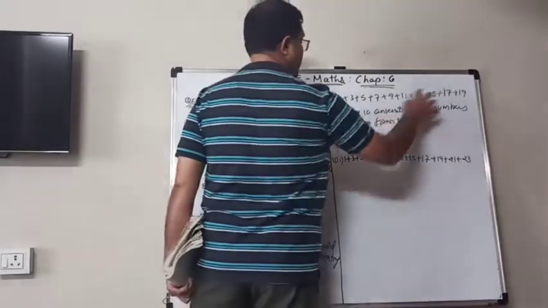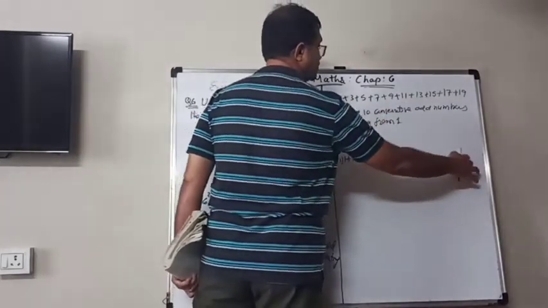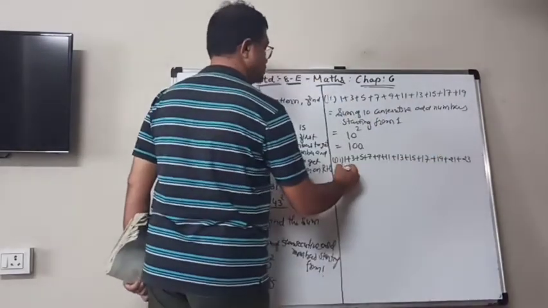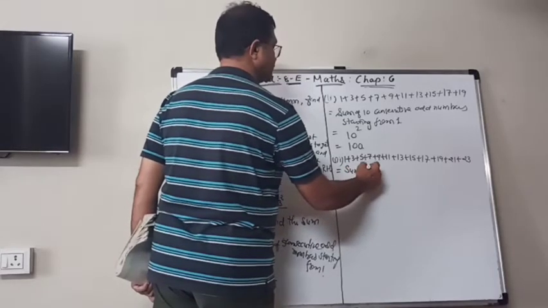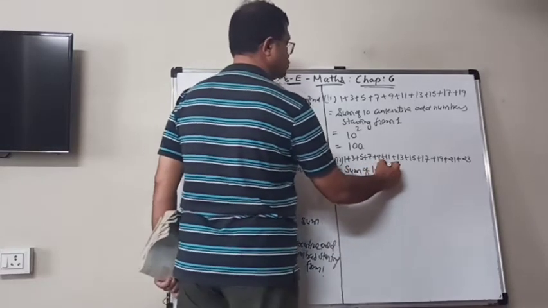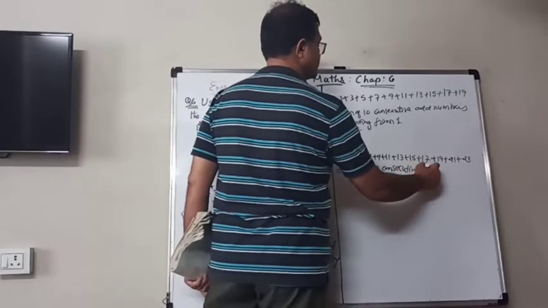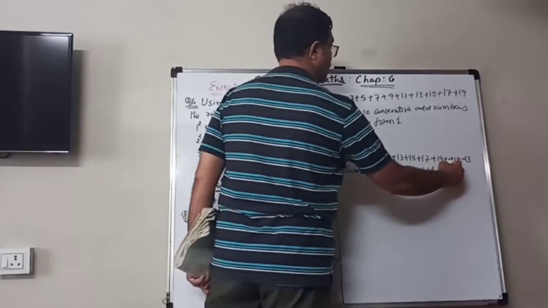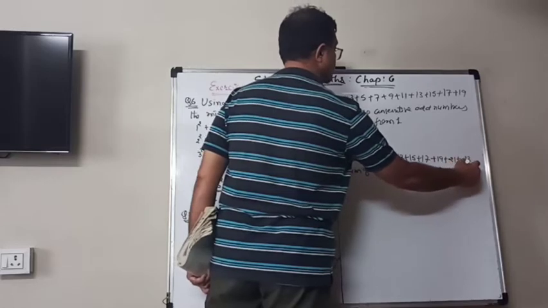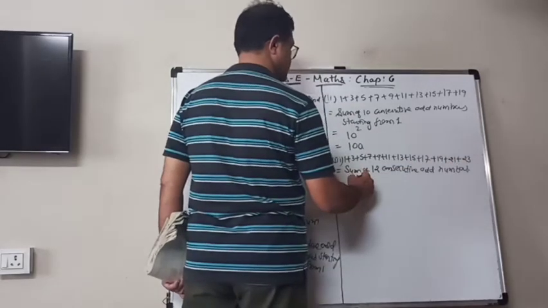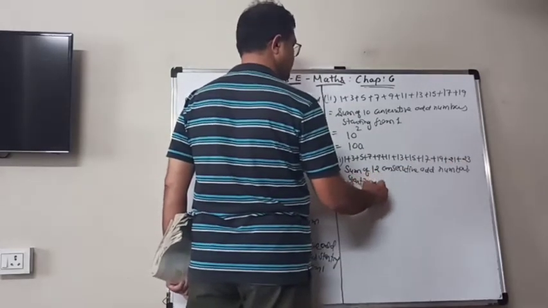So up to 19 were how many? 10, and then another 2 means 12. So it is equal to the sum of 12 consecutive odd numbers starting from 1.